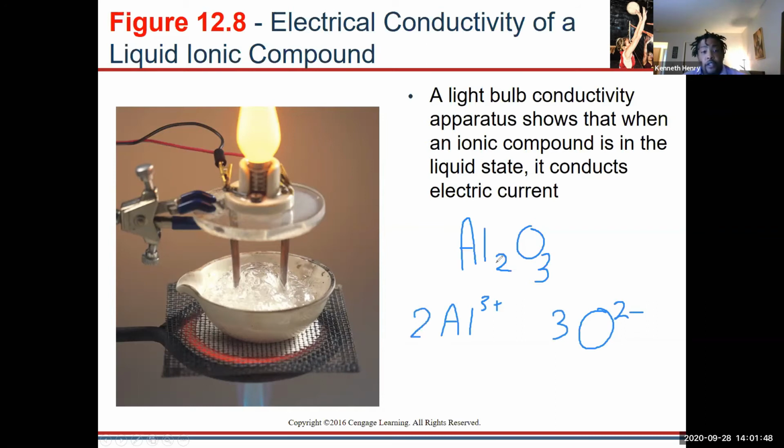Now, because those charges are so much higher than, let's say, sodium chloride, Na plus Cl minus, which only has 1 plus and 1 minus, these guys, 3 plus, 2 minus, right? This one is going to take more energy to melt than this one would. That's just a little extra for you.